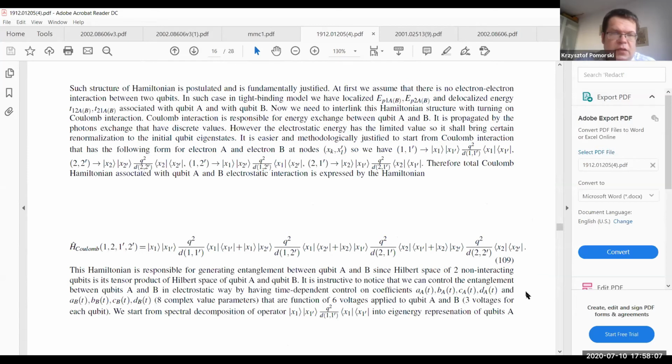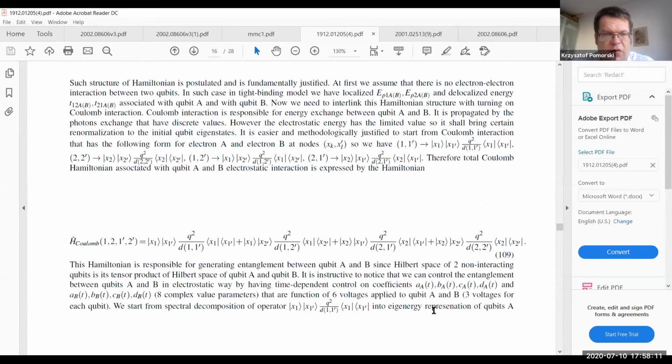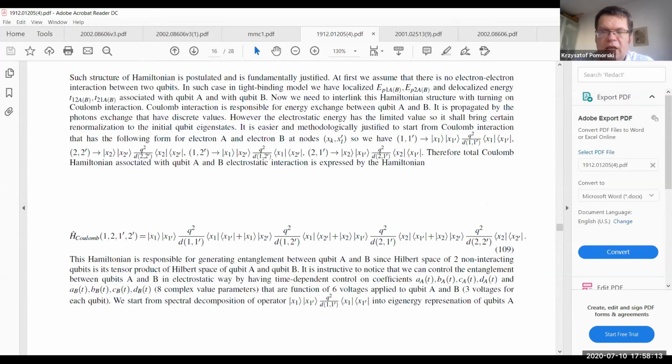All right, so this is what was already shown, this formula 109. That's visible here. And now the trick is to see this energy transfer during this electrostatic interaction. We have to simply change the basis. So we have to move from position basis to eigenenergy basis.